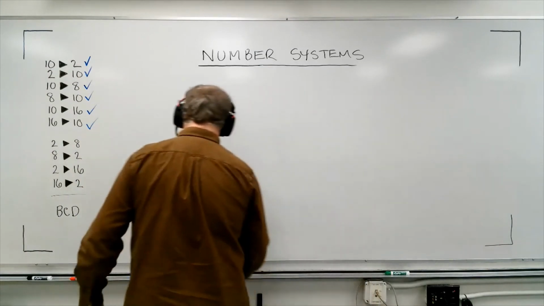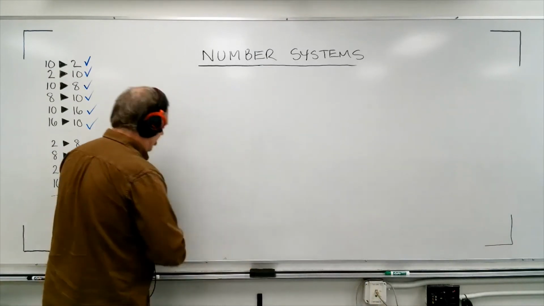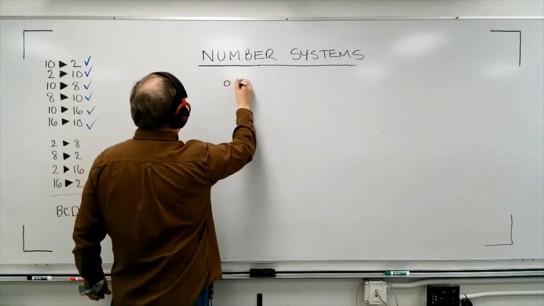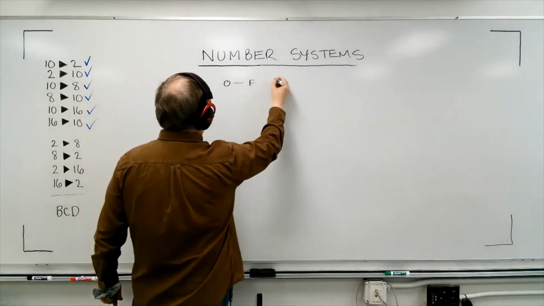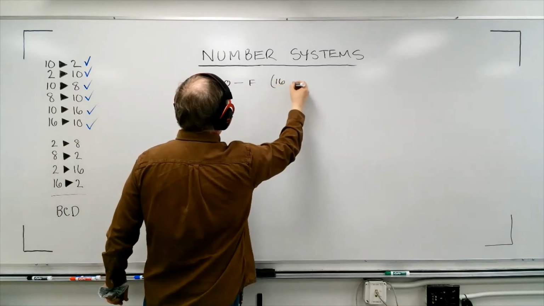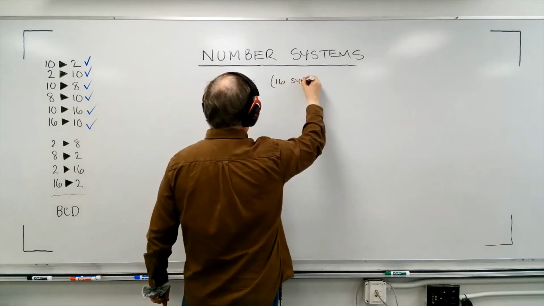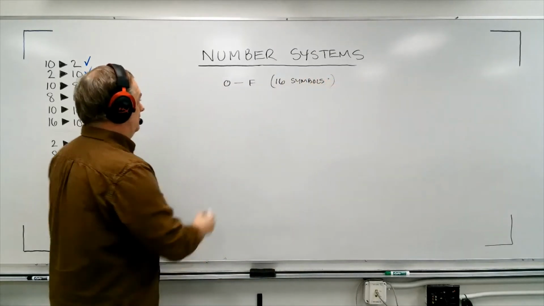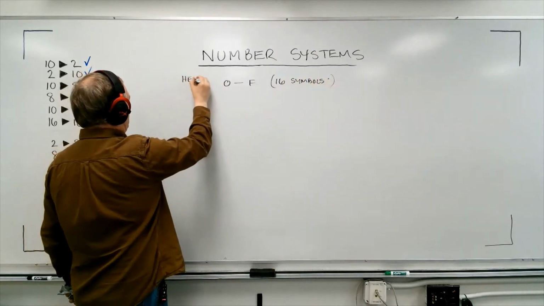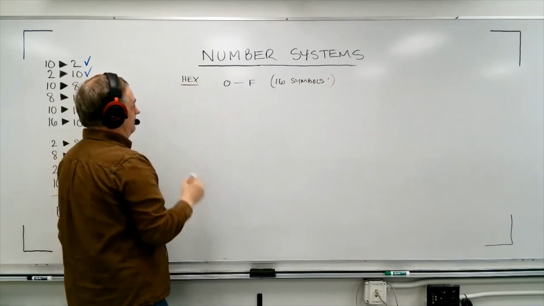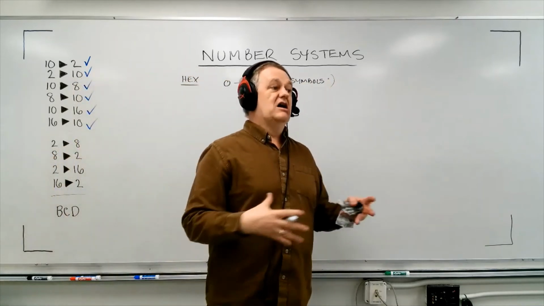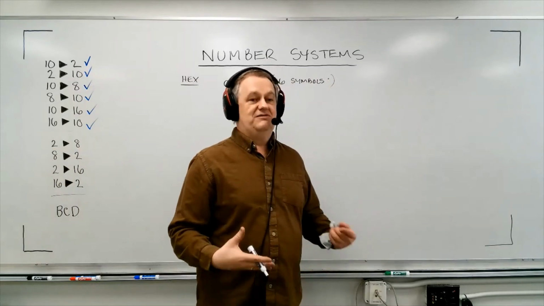I'm going to start by mentioning that we already know that we have 0 through F for a total of 16 symbols that we use, okay? That's what we have in the hex system. Hex, 0 to F. And so what we need to know is, what is the largest one? Well, it's F, and it's 15.